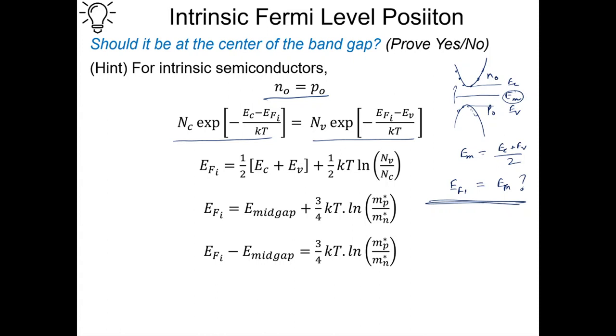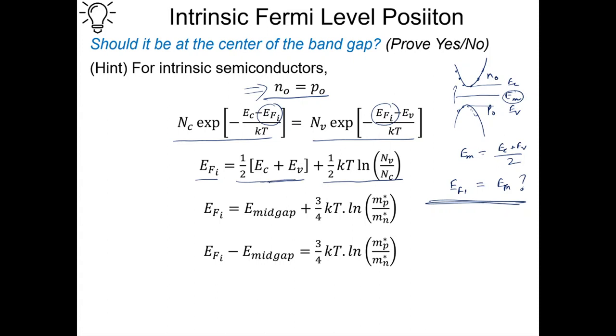So for that we equate both N naught and P naught. And if you do the maths, if you simplify, you take out EFI as the common factor. So EFI equals 1 by 2 times EC plus EV, plus 1 by 2 KT log NV by NC.